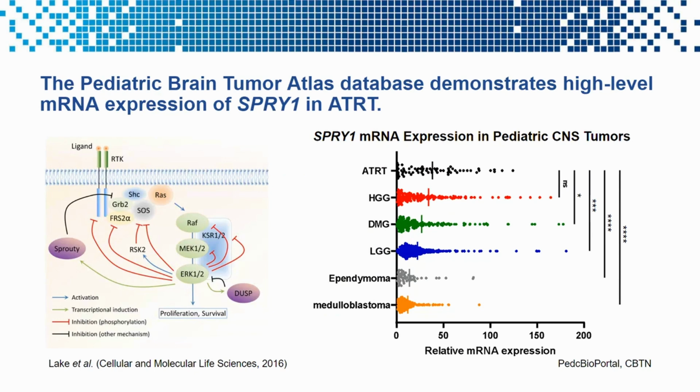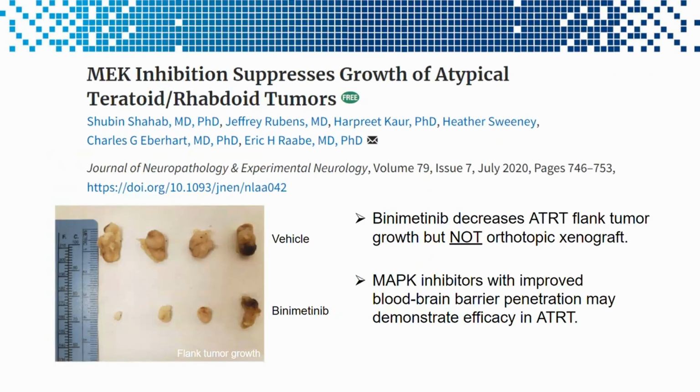Using the CBTN Pediatric Brain Tumor Atlas database, we revealed that SPROUTY1 mRNA expression is higher in ATRT compared to most other pediatric brain tumors. And this could be potentially something that we work on as an indicator of sensitivity to MAP kinase pathway inhibition. And also previously, our lab worked on a different MEK inhibitor called binimetinib.